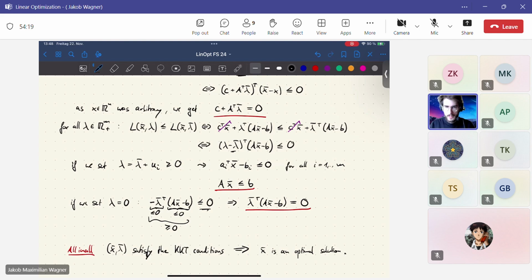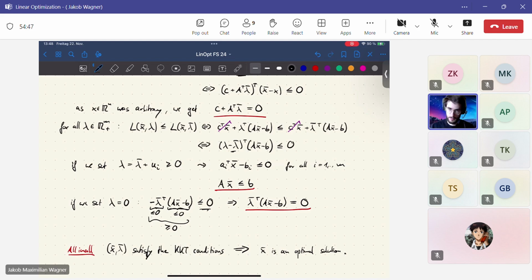So we've seen now that we can characterize optimality in a bunch of different ways. We can either describe it with this normal cone condition, or with the KKT conditions, some form of an algebraic description. We can use the duality principle, which states that the gap between the optimal values of the primal and the dual problem should be equal to 0.